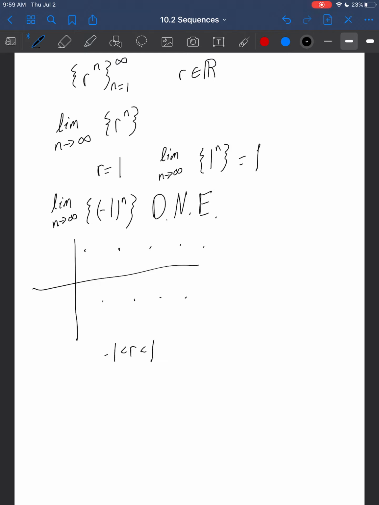Well, what about between negative 1 and 1? So for negative 1 less than r, less than 1, so I have some fraction, right? Say 0.5 or something like that. If I take, as an example, r to the 1/2, I'm going to get as my sequence 1/2, square it 1/4, cube it will give me 1/8, 1/16, so on and so forth.